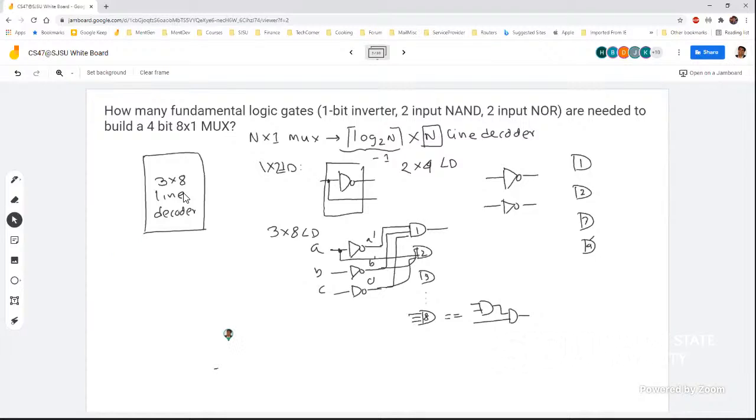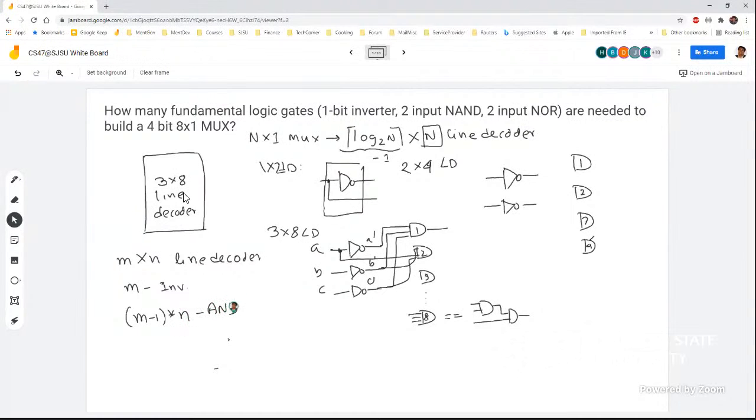If you are talking about m by n line decoder, we'll always have m number of inverter and m minus 1 multiplied by n number of AND gate.